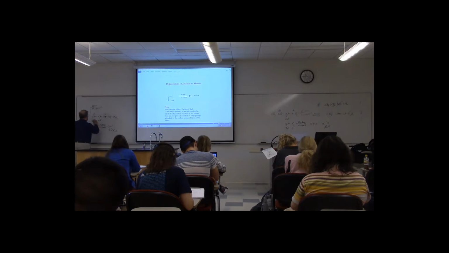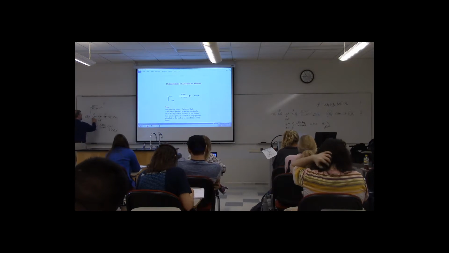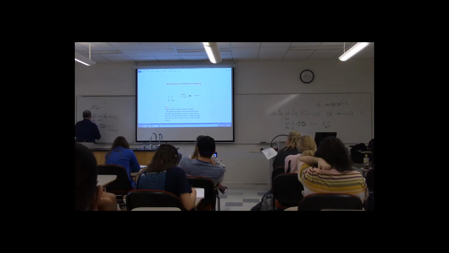If I lose the hydrogen from A in the hydroxyl group, I'll form this one, 1, 2, 3, 4, 5, 6 across.